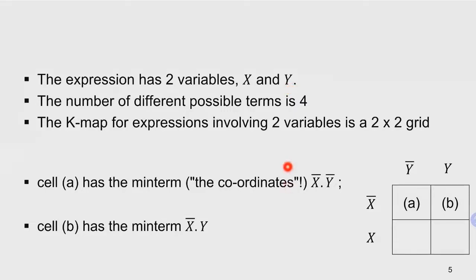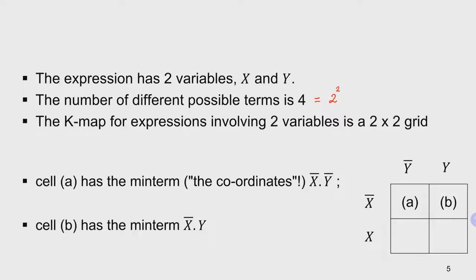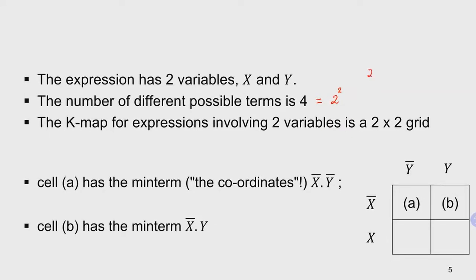And because it's two variables, there are four possible terms that can be used in these expressions. Okay, so 4 is 2 to the 2. 2 is the number of variables, so basically it's 2 to the n, and n is the number of variables.